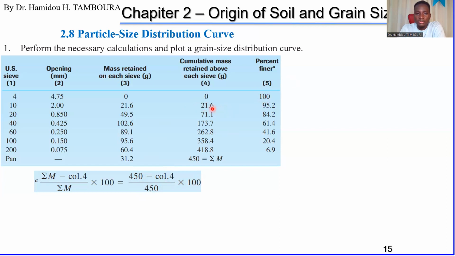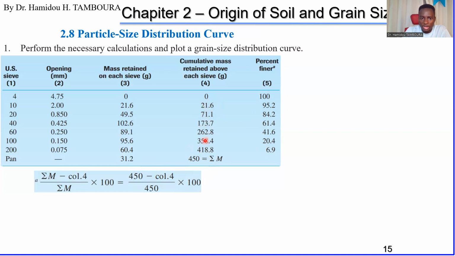For this one, sieve number 10, opening 2 millimeter, the total 450 minus 21.6, and you divide by 450, this result multiplied by 100, you will get this. So now, by using this, of course, you will do all this column to obtain this.